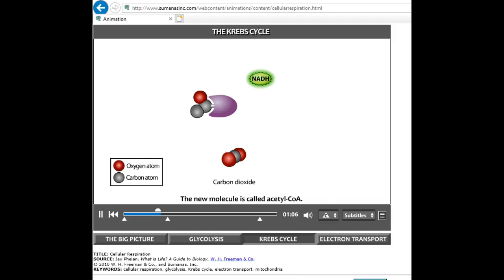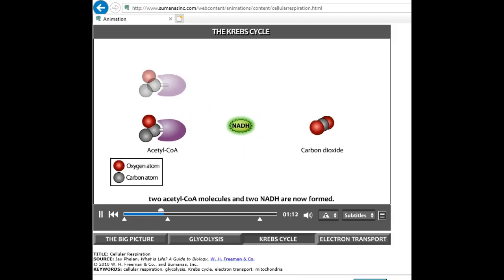The new molecule is called acetyl-CoA. Because 2 pyruvate molecules emerged from glycolysis, 2 acetyl-CoA molecules and 2 NADH are now formed. Note that 2 of the 6 carbon atoms from glucose are now in the form of 2 carbon dioxide molecules.